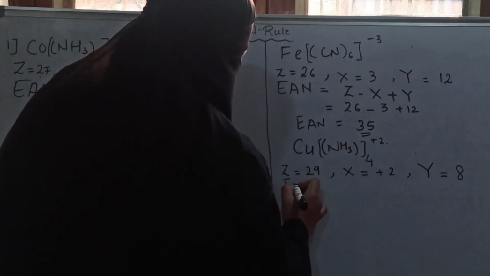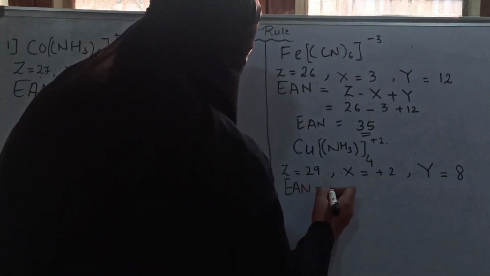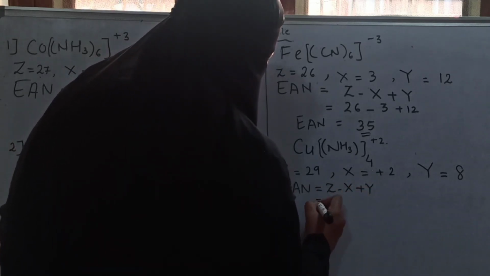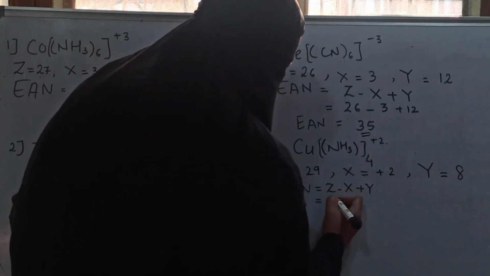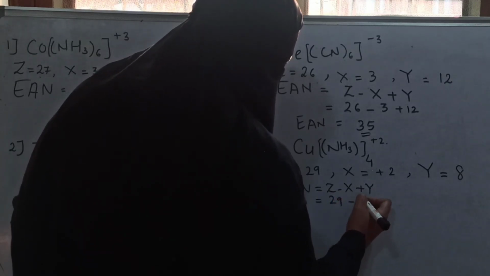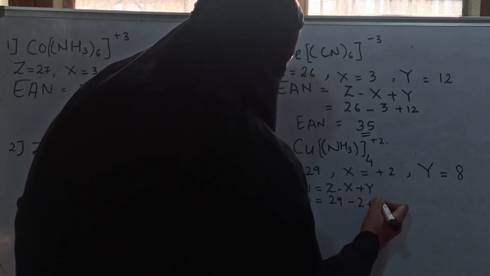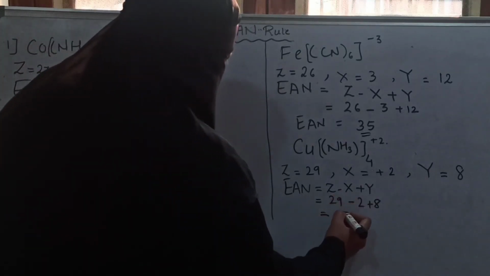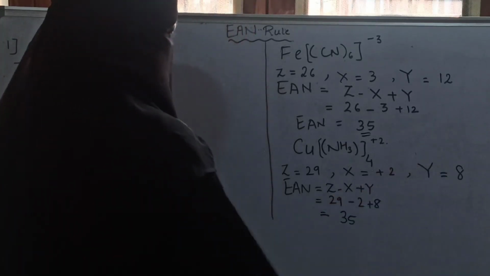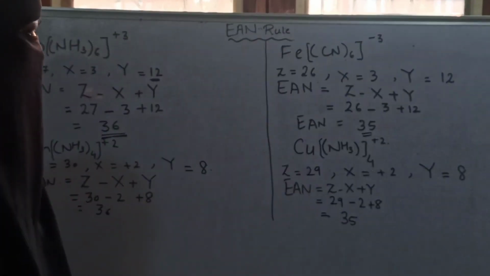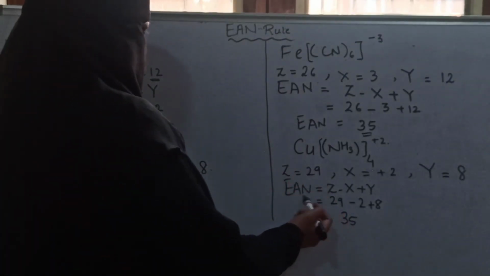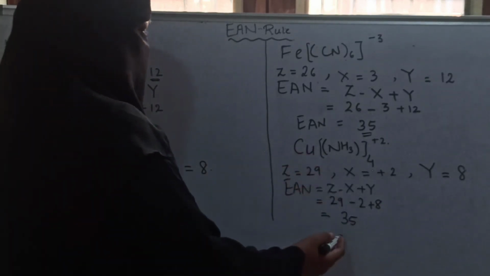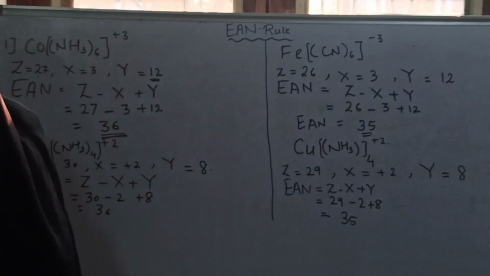So EAN is equal to Z minus X plus Y, which is equal to 29 minus 2 plus 8, which is equal to 35. So here again EAN is equal to 35. Therefore this complex again doesn't follow the effective atomic number rule.